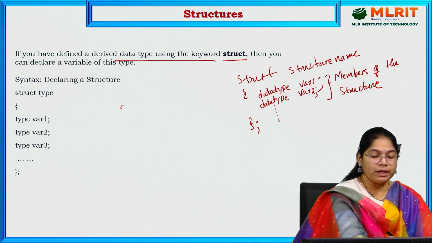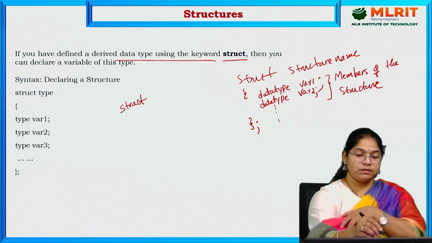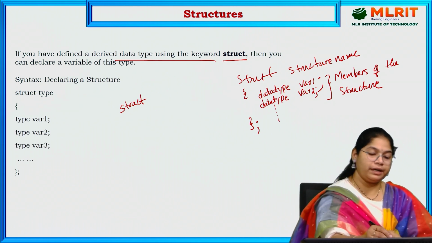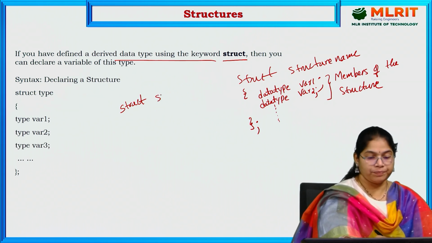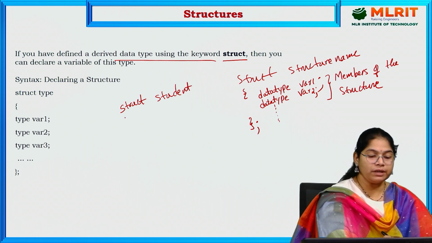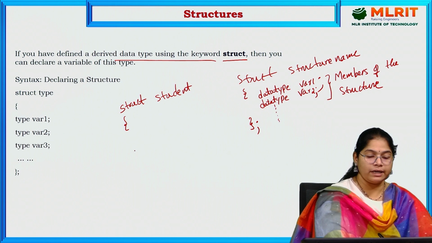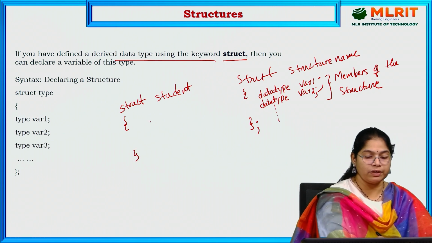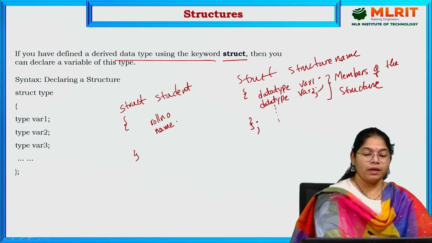Here I am considering the details of a student, struct student. Let us suppose that the student has a roll number, name, and marks.